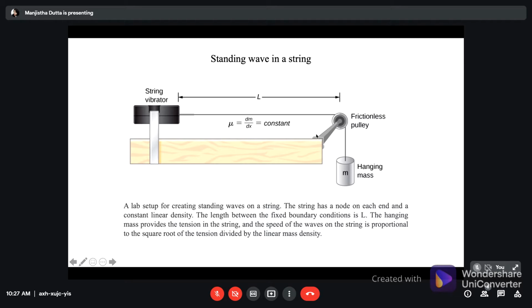We have already discussed the stretched string and what the wave is. If we pull it in the transverse direction, one wave will propagate, and we know its velocity; we discussed this in our previous class.